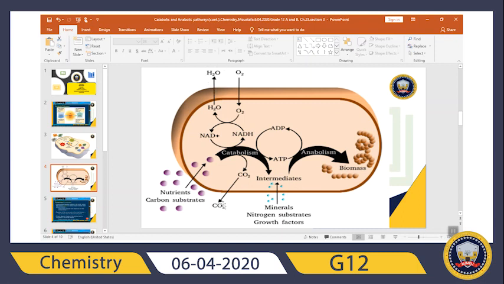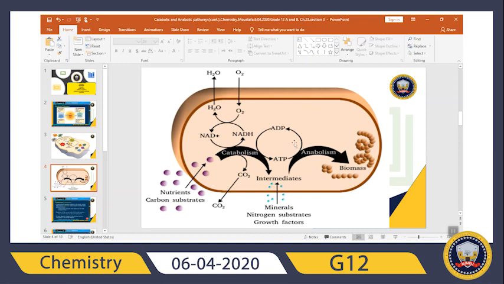CO2 and H2O go out as waste products. After that, we have intermediates after the catabolic pathway, and these intermediates help in the production of macromolecules in the process of anabolism to produce biomass.